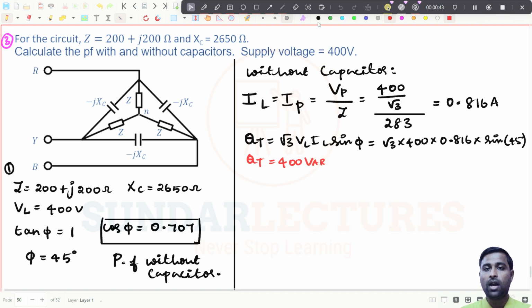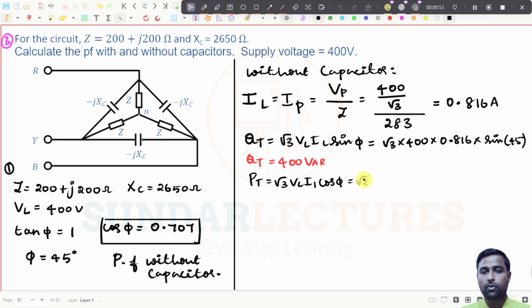And PT is also simple: root 3 VL IL cos phi. So root 3 into 400 multiplied by 0.816 multiplied by cos of 45 degrees. Simplifying, you will get PT to be 400 watts.